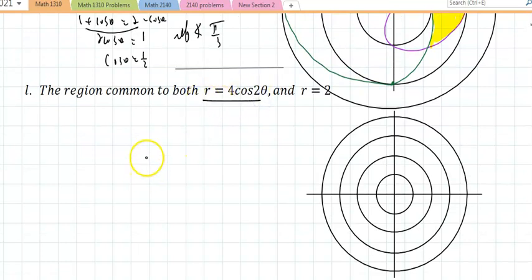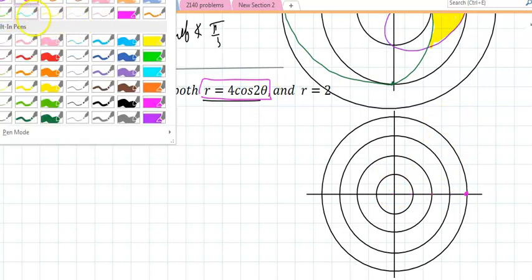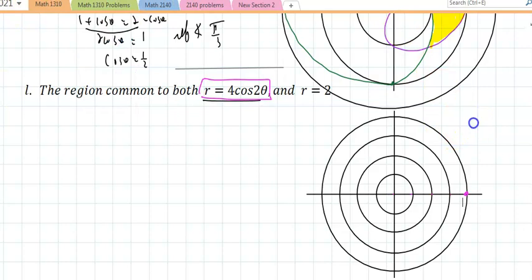This is a four-leafed graph. I know that already. Let me use purple on it, or pink. At 0, I am at 4. At pi over 4, I know I've done this a few times, hopefully, and you're comfortable with that, as I am. If not, you could sketch a graph of this and figure out these points.